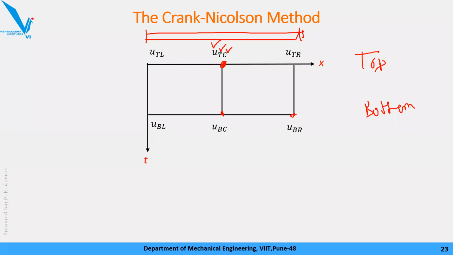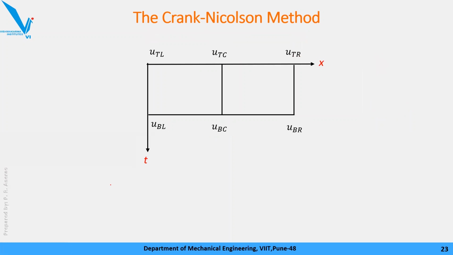So all top nodes are denoted as UT, UT, UT. Okay, and based on the location, UTC, top central node, top right hand node, top left hand node. Similarly, bottom central node, bottom right hand node, bottom left hand node. Okay, so try to understand this. If you understand this figure, the next part will go easily.